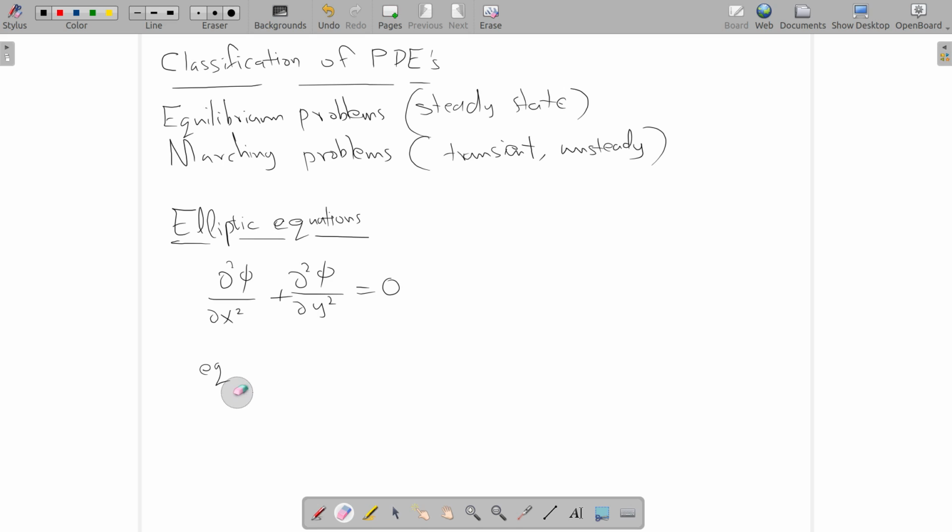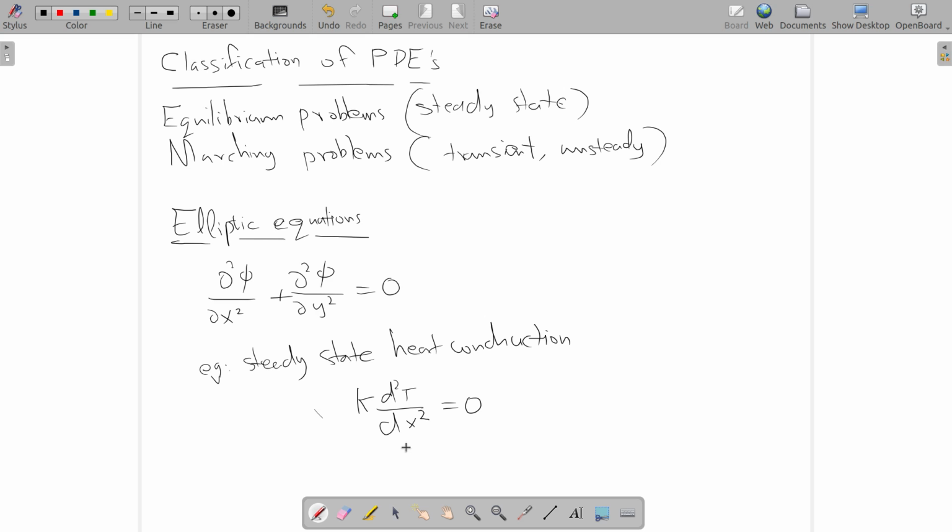For steady state heat conduction, of course phi here is equal to T. And you are actually familiar with one dimension, you know that k d square T over dx square equal to 0 is followed by the one dimensional heat conduction problems.